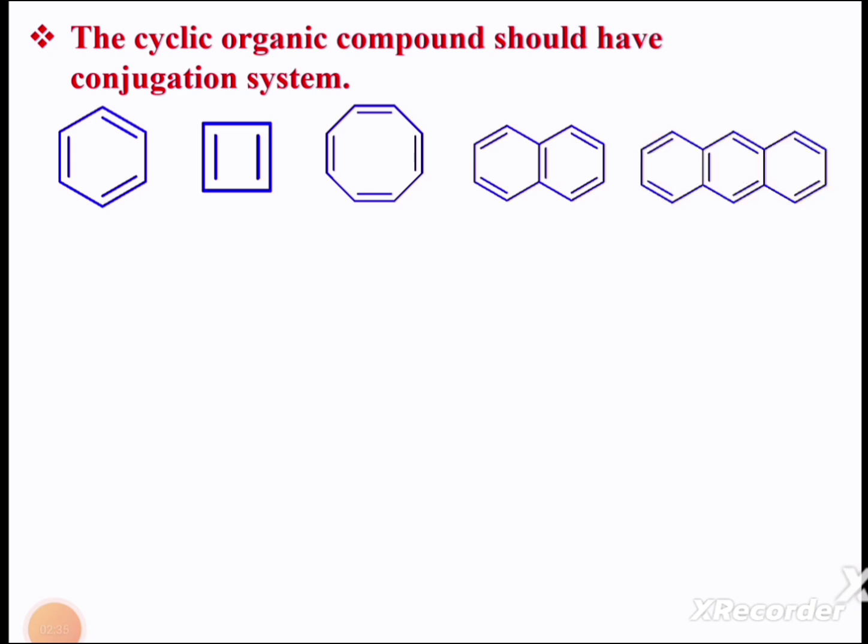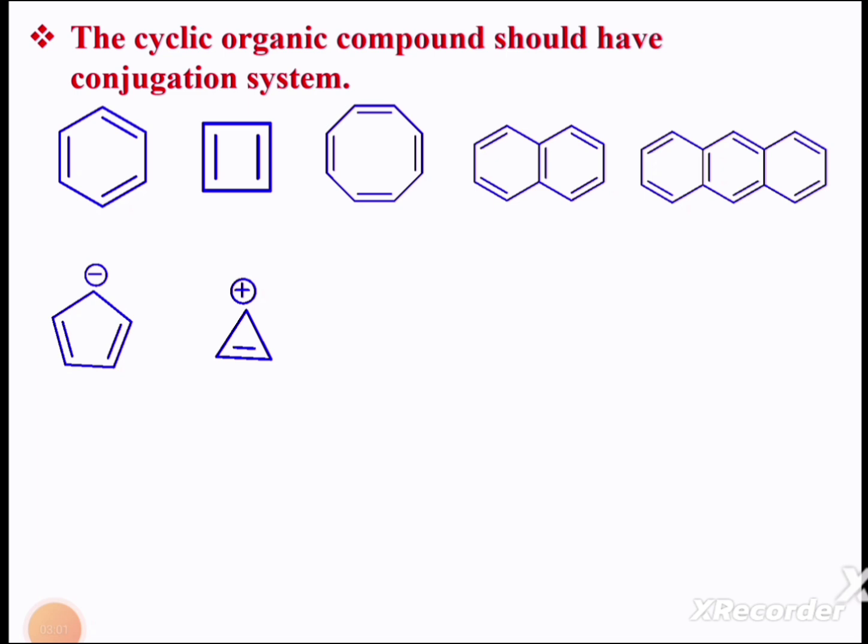In conjugation, in place of a double bond, a positive charge, negative charge or lone pair can be in conjugation. So let us discuss these ionic species. This one has a negative charge: single, double, single, double, single. So a negative charge in place of a double bond will be in conjugation.